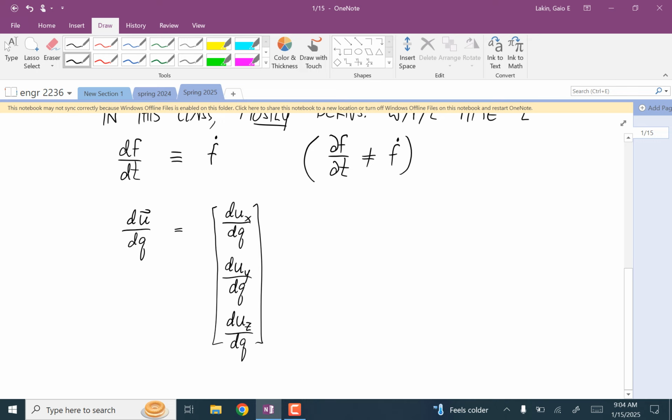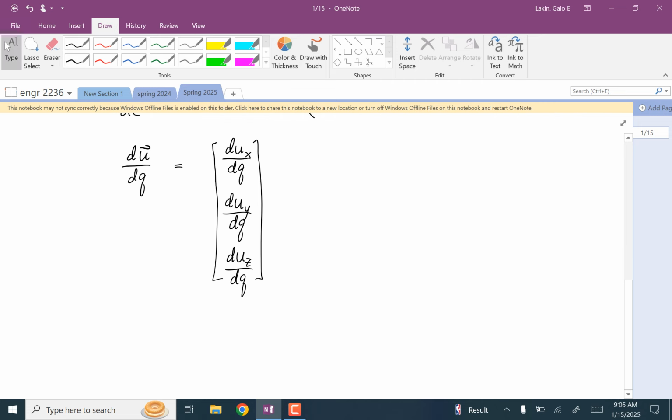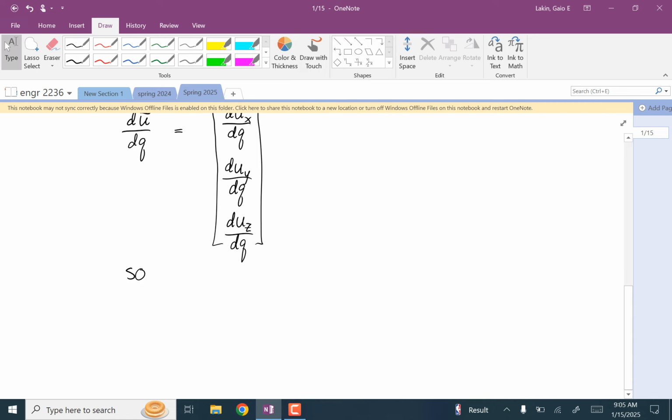Has everybody looked at this vector review enough to know what I'm talking about with this notation? So this is just the notation that I'm going to use for vectors. The top one is my x component, y component, and z component. Okay. And so if you're taking derivatives with respect to time, the time derivative of a vector u is the time derivative of the x component, time derivative of the y component, time derivative of the z component.